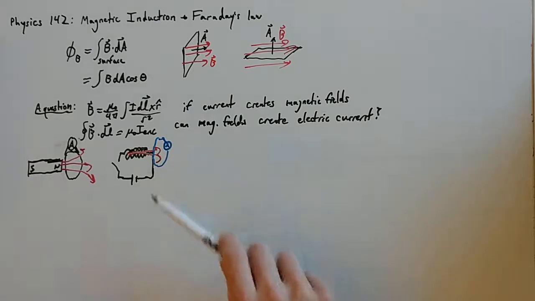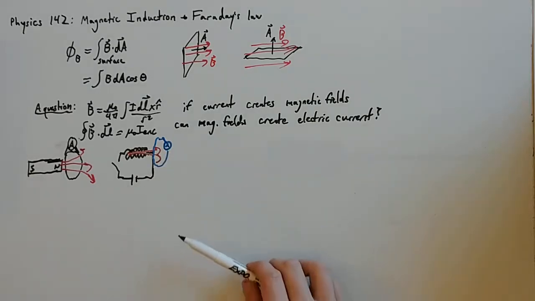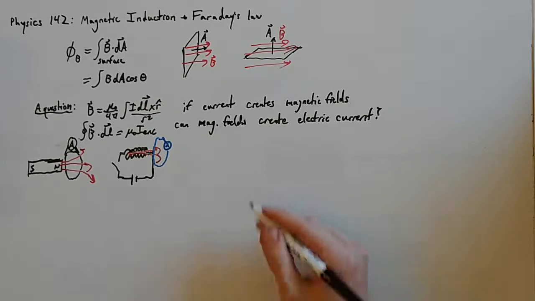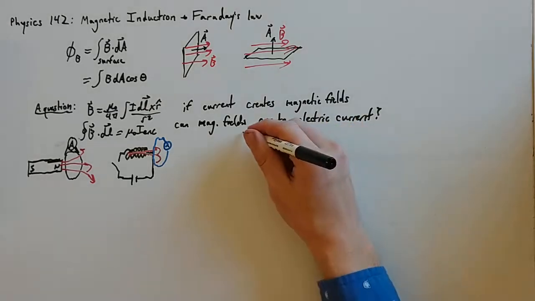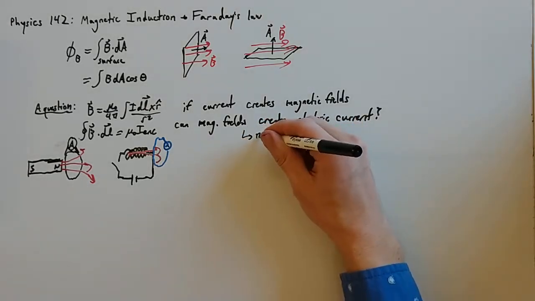You can have as much magnetic field as you want, 100 Teslas of magnetic field, and still no current in that wire. So unfortunately, the answer seemed to be no.